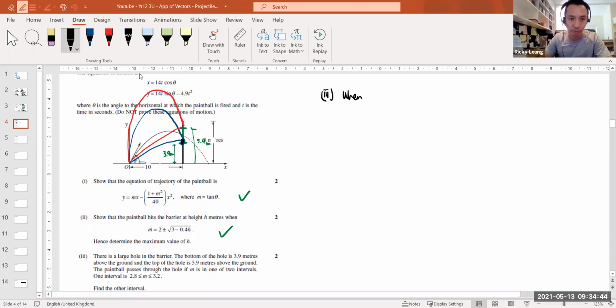Now let's deal with the bottom one first, or the top one, it doesn't matter which order. Let's do the top one for the red. When the height is 5.9 meters, we're going to sub this 5.9 into this quadratic equation that we solved in part 2.